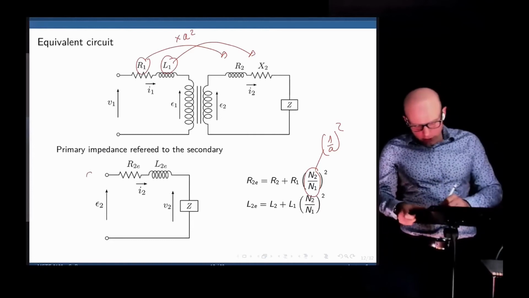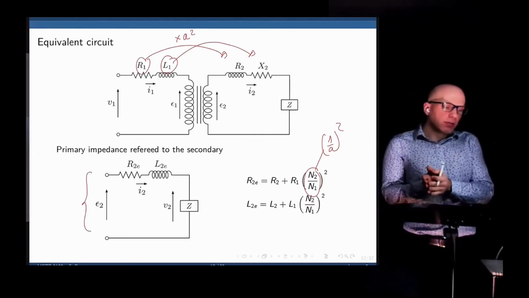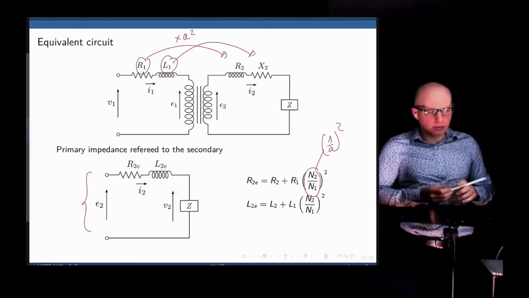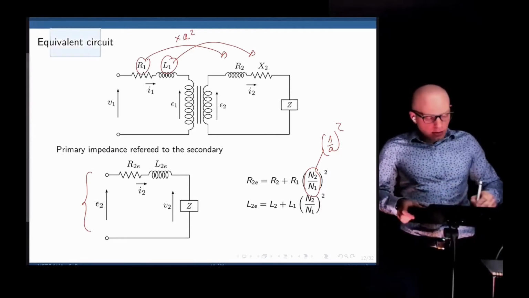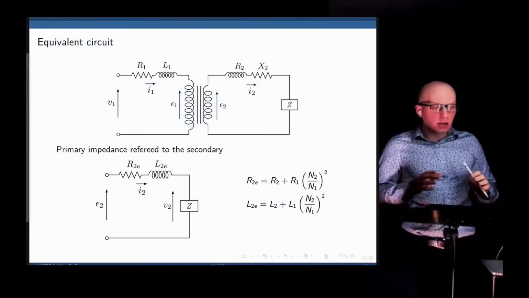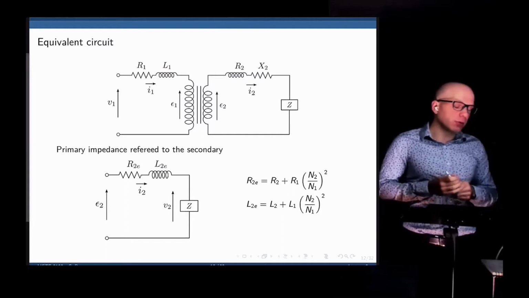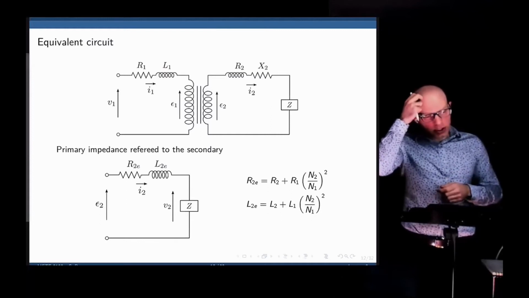And then you have a primary impedance referred to the secondary winding as follows. Either way, we have an equivalent circuit that we can now use to get more information about what is going on inside the transformer, such as the currents.